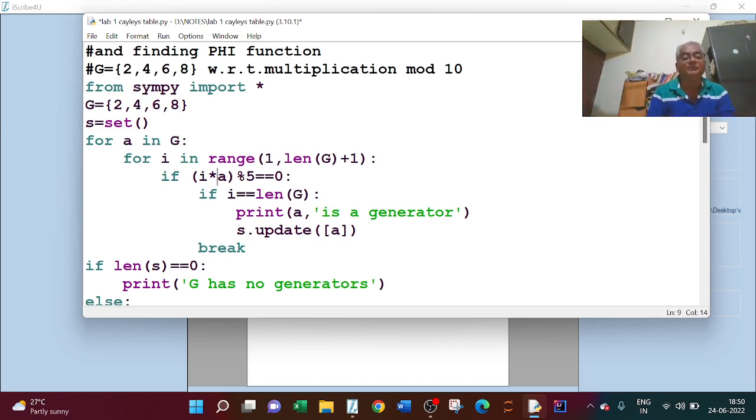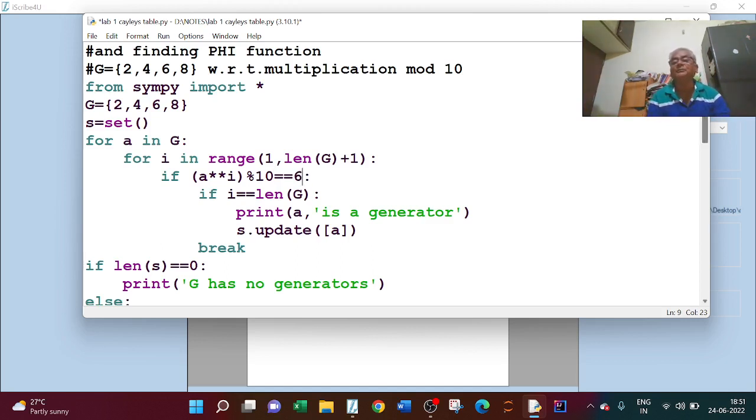For multiplication I have to write a power of I, that is a double star I, and percent 10, and I have to write the identity element here. The identity element in this case is 6. For this group 6 is the identity element.